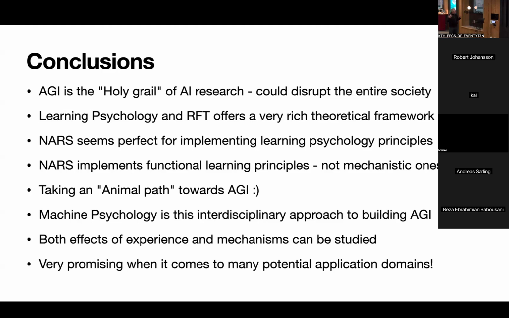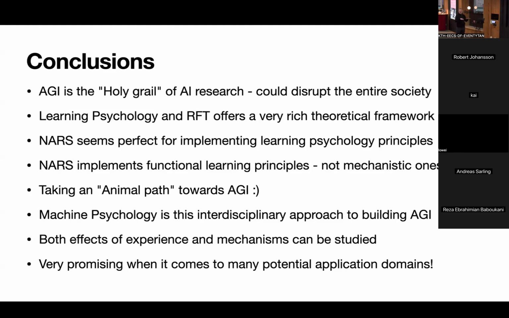And as I said, it's functional learning principles rather than particular mechanisms. It might sound a bit weird, but it's not mechanisms in the traditional sense of associative networks or some kind of propositional network.